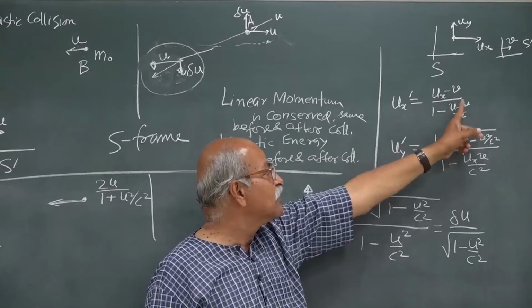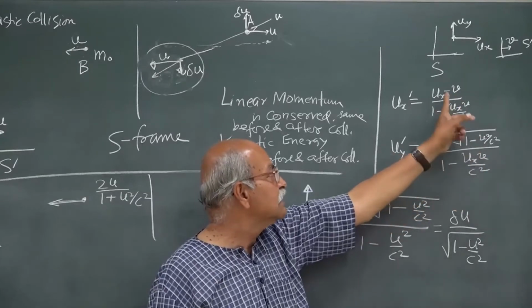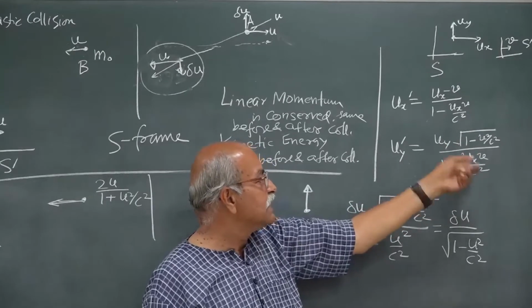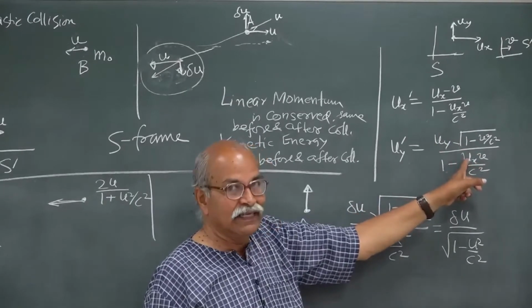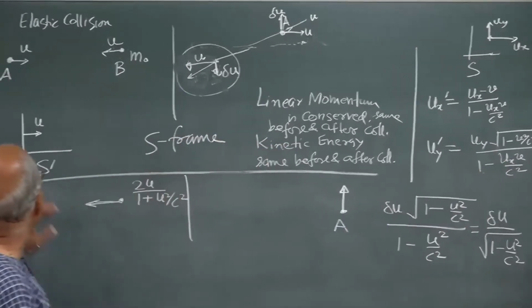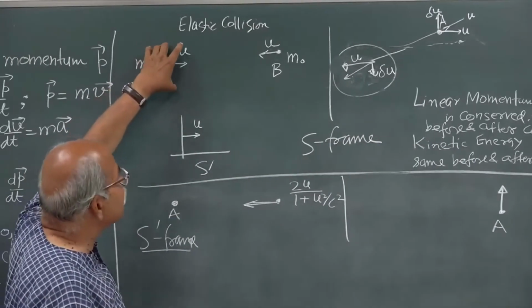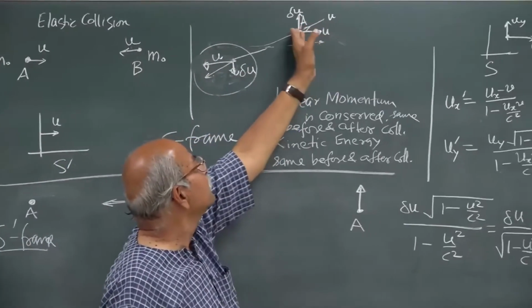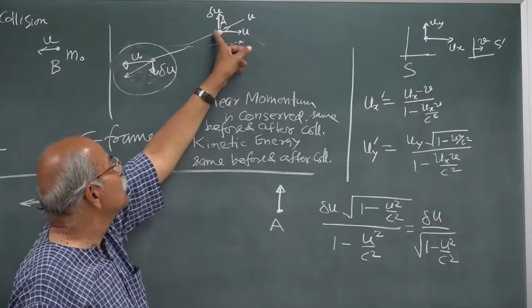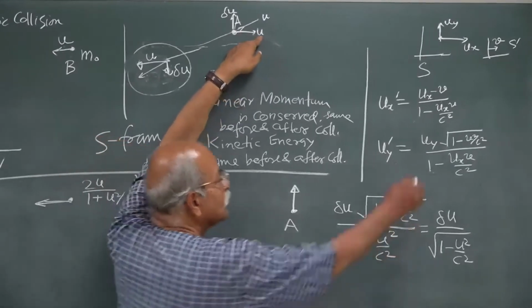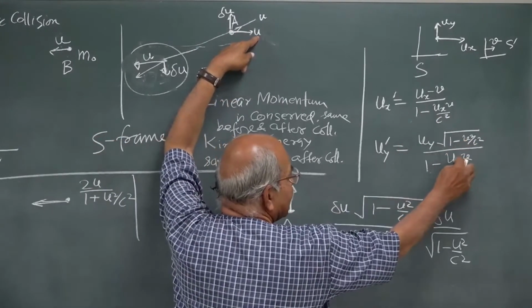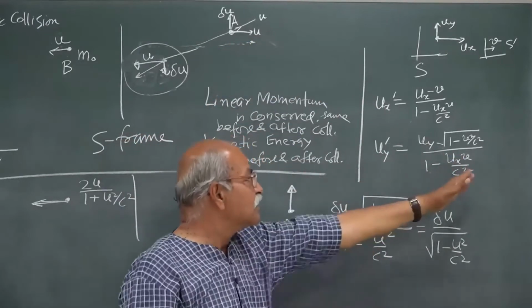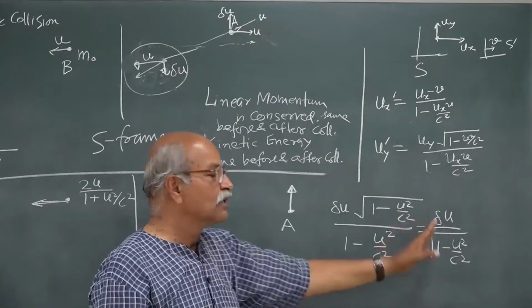V is the frame velocity, frame speed, and this ux is the component of velocity in the S frame, in the x direction. Therefore when you use this in this frame, this A particle is here, and its x component is u. So for ux you will be writing u. All this ux here you will be writing u, and that's what we have done. And then v is the frame velocity, which is also u, and therefore it is this.